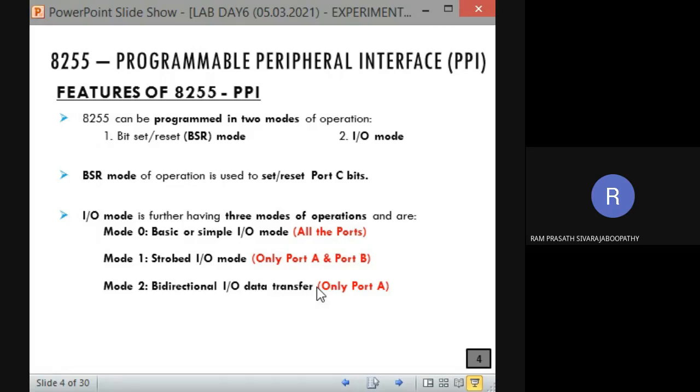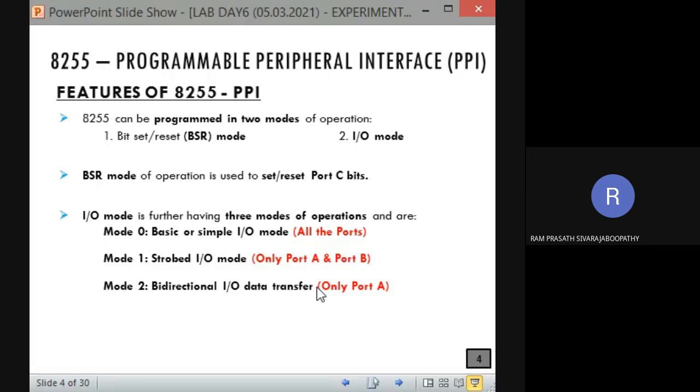So 8255 can be programmed in either one of the modes, BSR mode or IO mode. BSR mode is only applicable for port C. You cannot configure port A or port B in BSR mode. Whereas the IO mode is further classified into 3 modes of operation: mode 0, mode 1, mode 2.